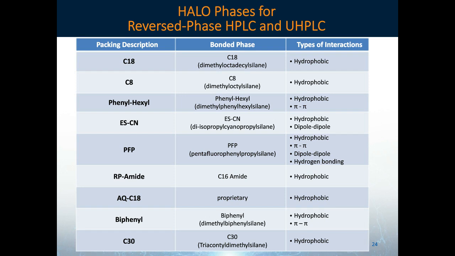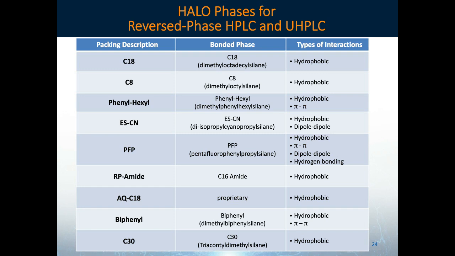So here I have a list of the Halo phases available for reversed phase HPLC and UHPLC. C18 and C8 are used for mixes of acids, bases, and neutrals, and many people, as you know, start with C18 for their method development. Phenylhexyl and biphenyl are used for aromatic compounds and can show some selectivity differences compared to your alkyl phases.